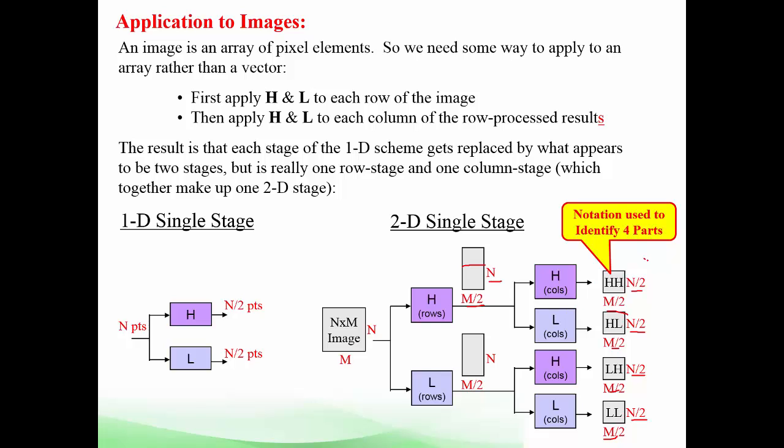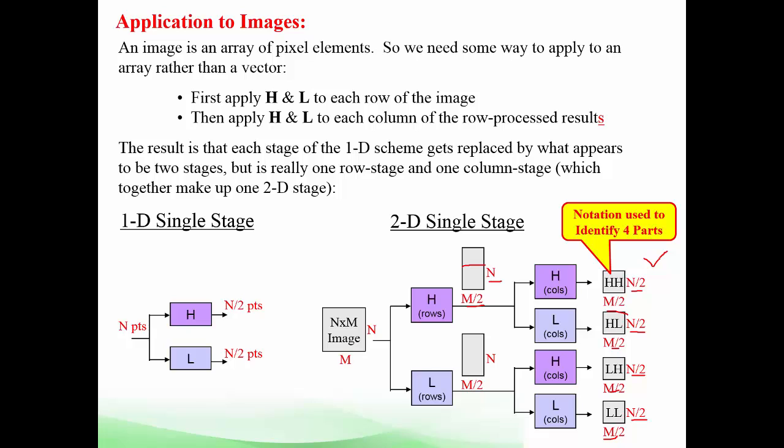And so notice that I get 4 things. I get 4 different components, or 4 different submatrices. All 4 of them are the same size, and they are half the dimensional size, or a quarter of the area of the original image. So it starts off m by n and ends up m over 2 by n over 2.